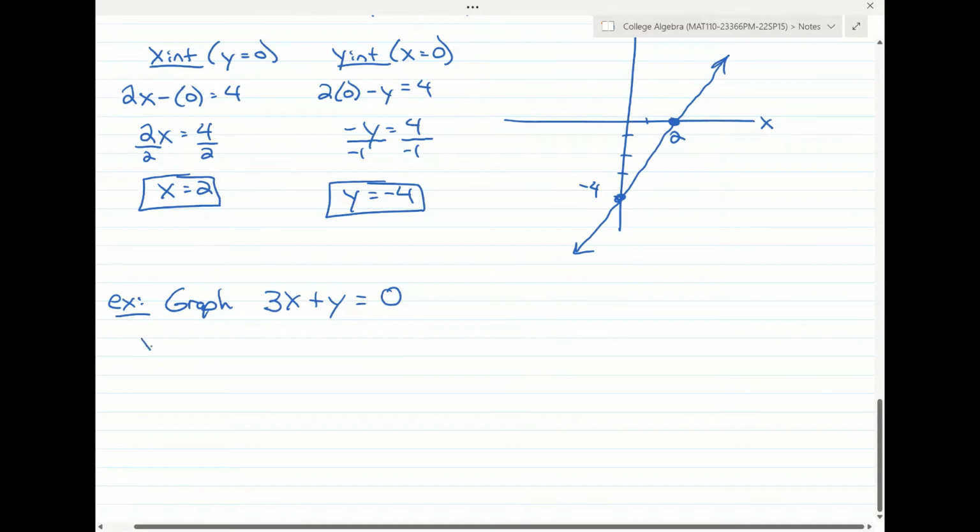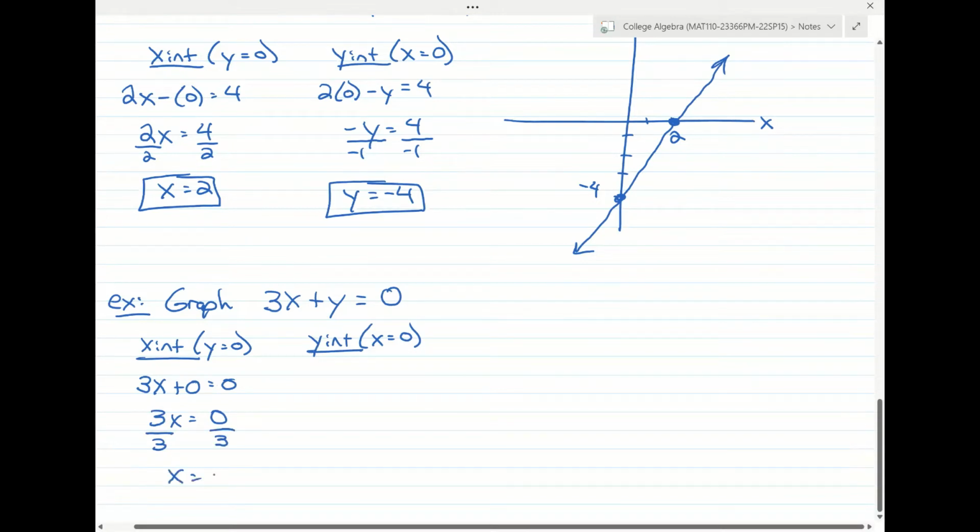But if we do the same process and we look for an x-intercept by making y 0, and a y-intercept by making x 0, put 0 in for y, we get 3x is 0, so x would be 0.